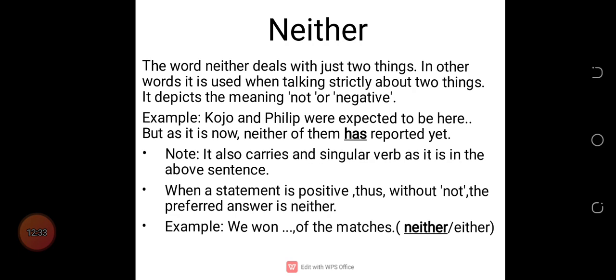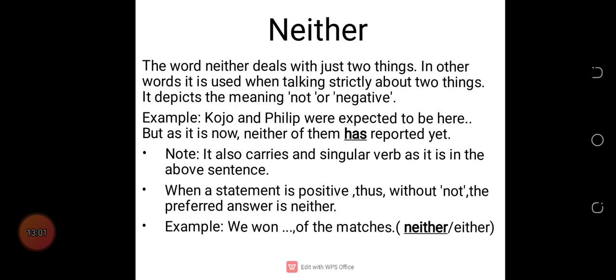Then we also looked at neither. We said that neither talks about 2 things, and it conveys a negative meaning. We also gave examples under that, and we emphasized that when the statement is positive, that is, when a statement does not have not, we use neither.